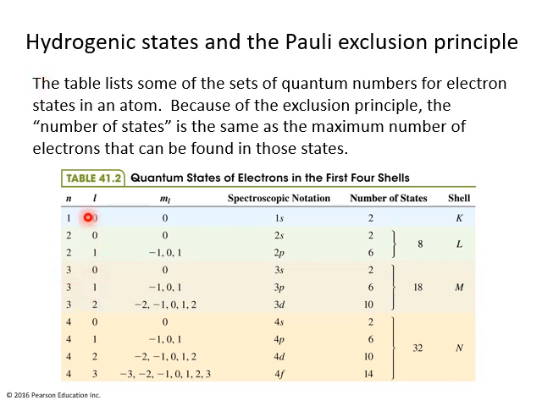So here's a listing of some of the sets of quantum numbers that can be allowed for electron states in an atom. The actual energies aren't going to necessarily correspond to what we learned for hydrogen, but the quantum numbers are still useful quantum numbers.